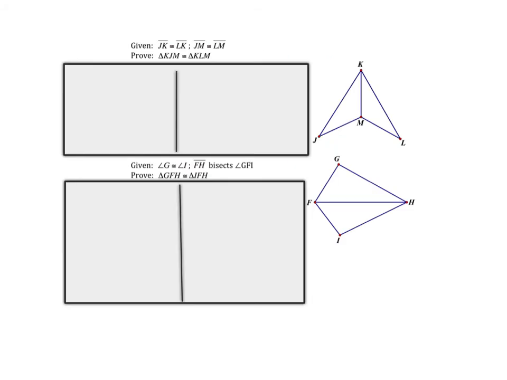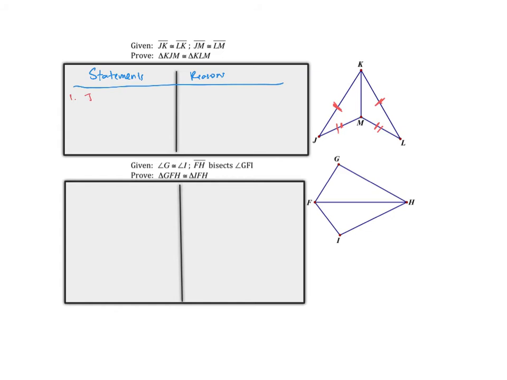All right, let's do a couple. Taking a look at this next page, let's write down our statements, and we will have our reasons. And let's see what we could prove here. We are told that JK is congruent to LK, so let's write that on here. JK is congruent to LK. And we know JM is congruent to LM. All right, well, let's put in our givens.